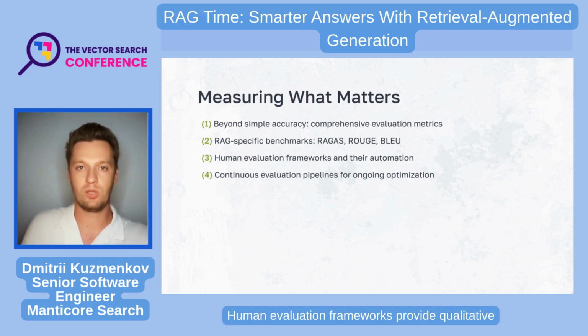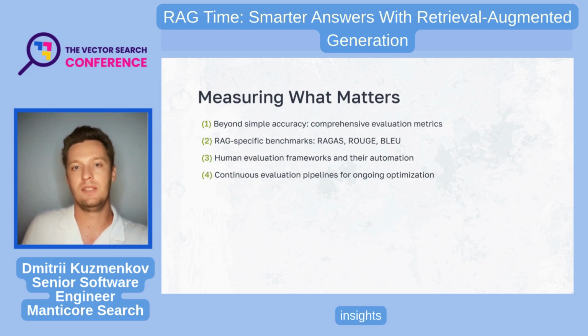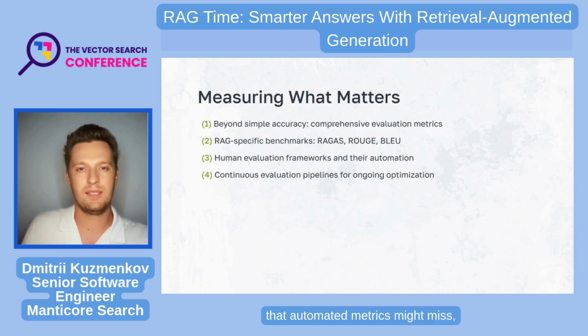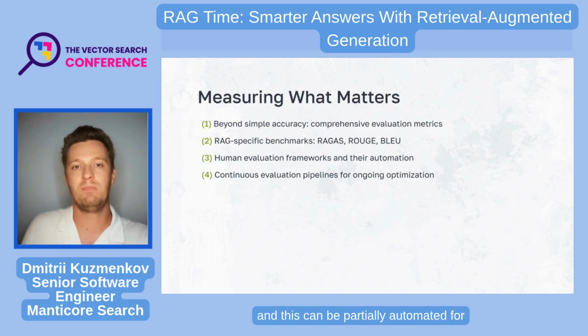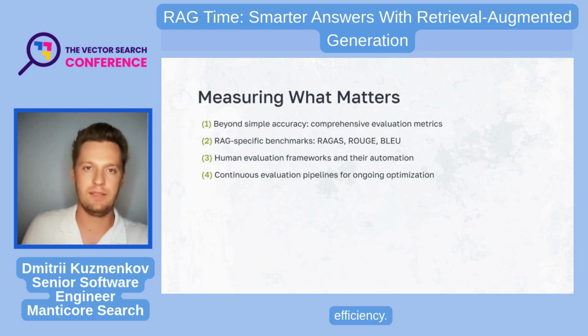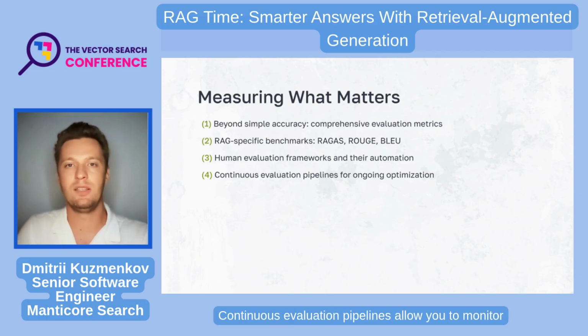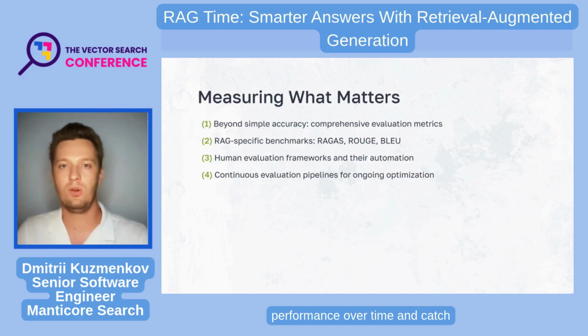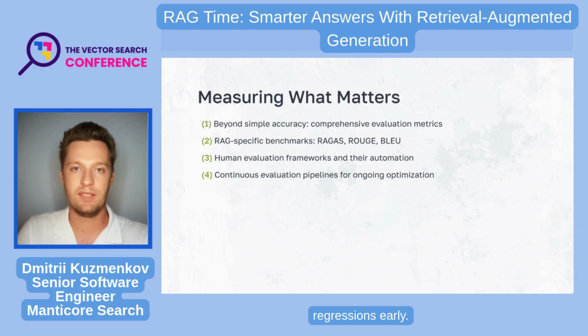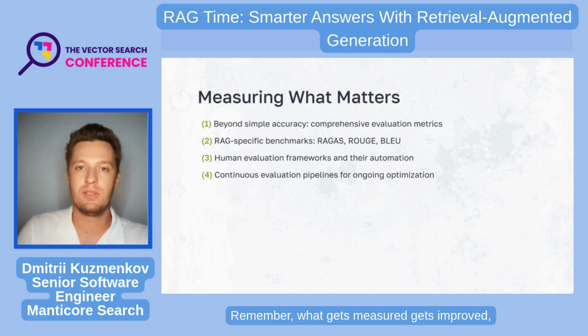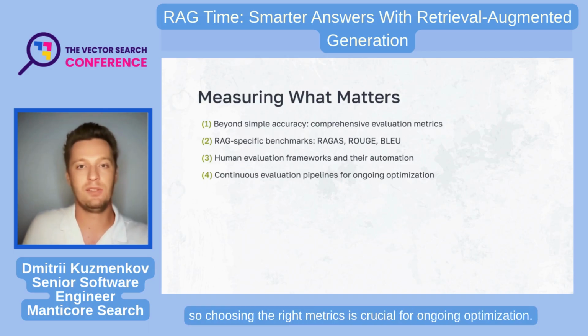Human evaluation frameworks provide qualitative insights that automated metrics might miss, and this can be partially automated for efficiency. Continuous evaluation pipelines allow you to monitor performance over time and catch regressions early. Remember, what gets measured gets improved, so choosing the right metrics is crucial for ongoing optimization.